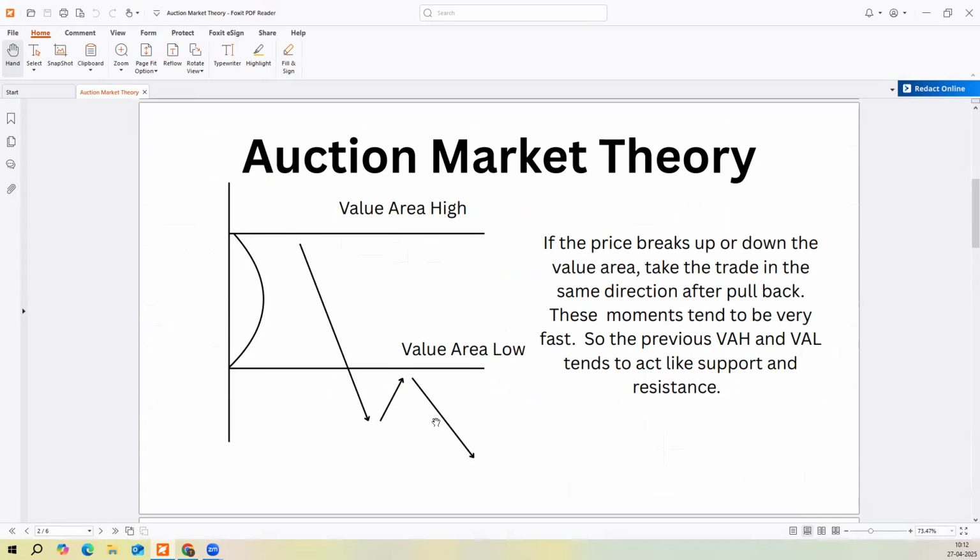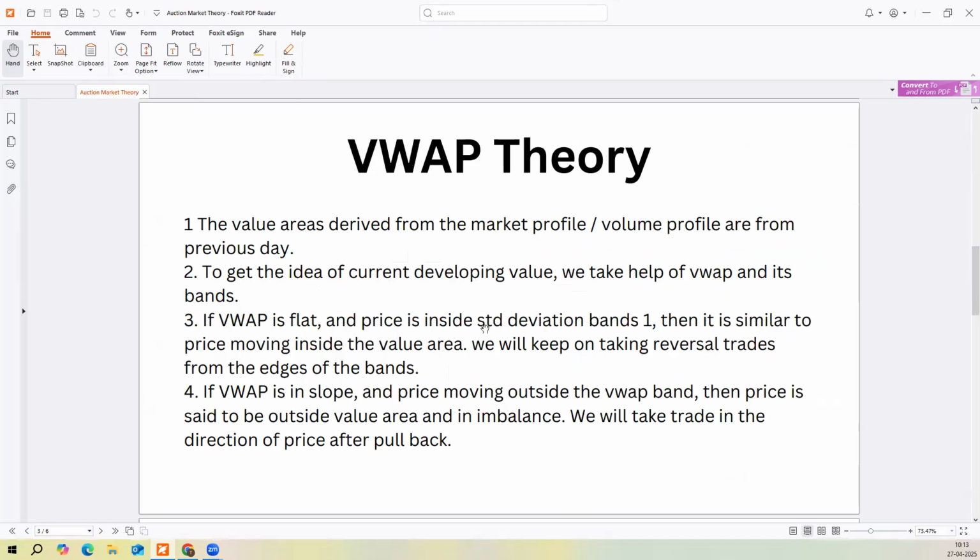If the market is breaking down or breaking up from the value area, let it go properly down with a proper negative delta, or with proper positive delta in case of breakout, weak buying delta, then negative delta to the downside, then you can initiate the trade. Wait for a pullback, because that pullback gives you a lot of confirmation. Don't enter the trade just after the breakdown. So that is point number one.